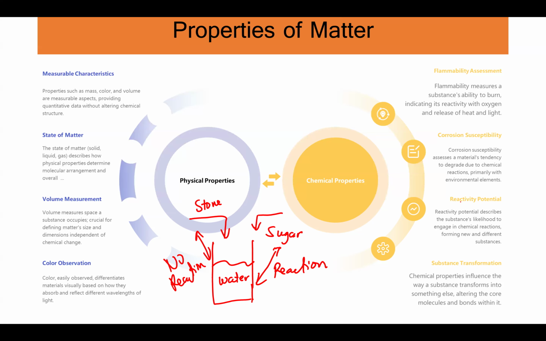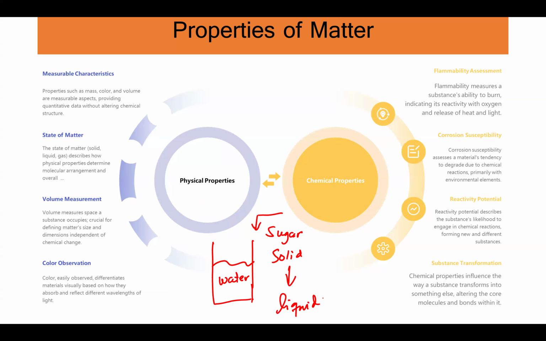Now, earlier, if you have sugar, what is the physical state of sugar? Solid, liquid, or gas? Solid, right? So when you put it in the water and stir it, it turns into a liquid.